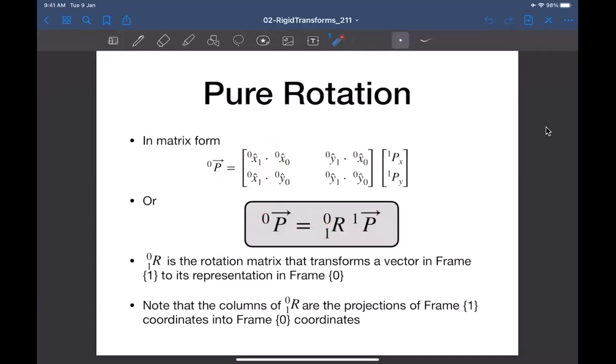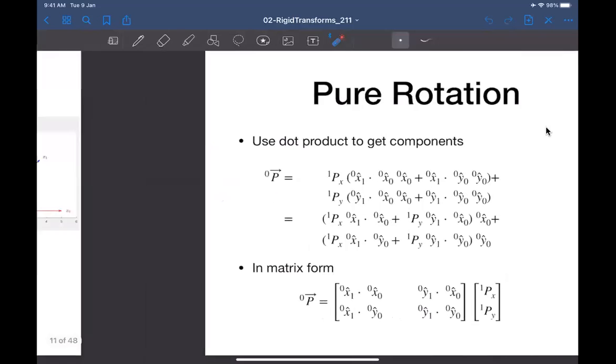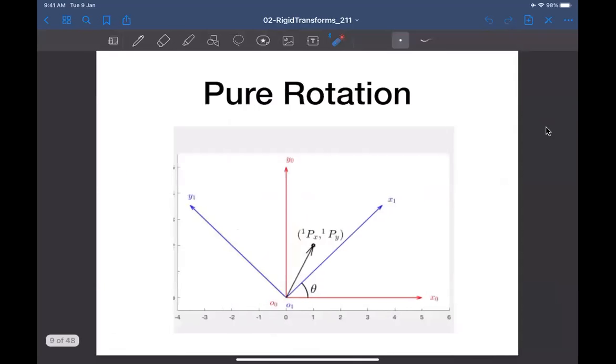So if you have a frame that is rotated from another frame, all you need to do to derive the rotation matrix is, let me go back to the figure, to find the representation of x1 as a unit vector, its vector projections onto x0 and y0.